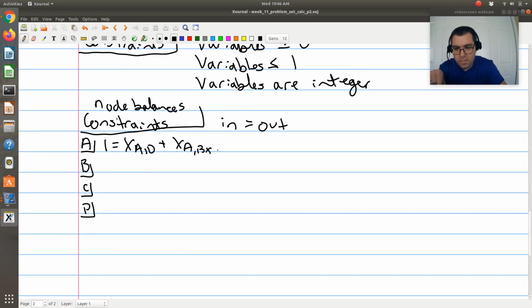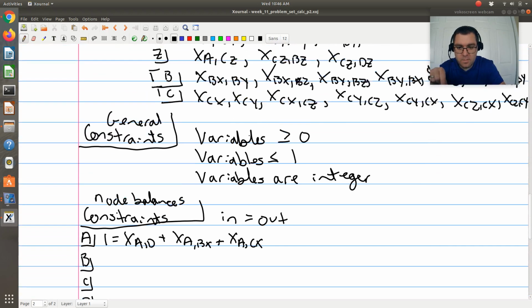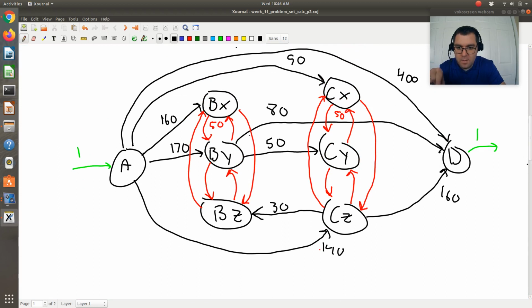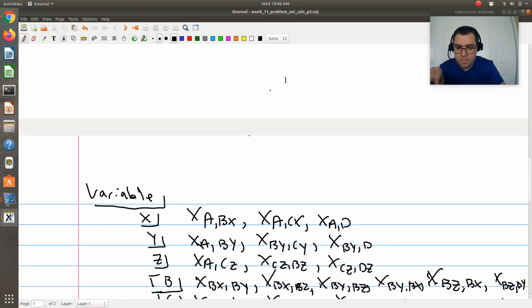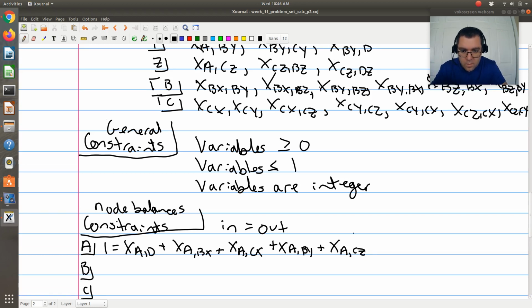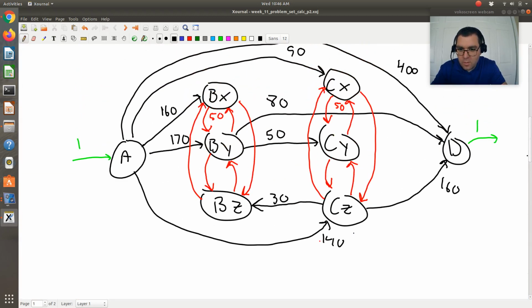I have a flight to B on airline X, and I have a flight to C on airline X. So that takes care of the first 3. Then I have A to B on airline Y, and then I had A to C on airline Z. Alright, and that should be my 5 flights leaving A.